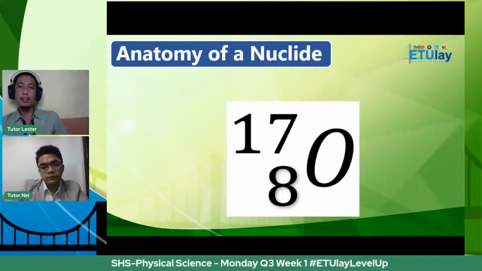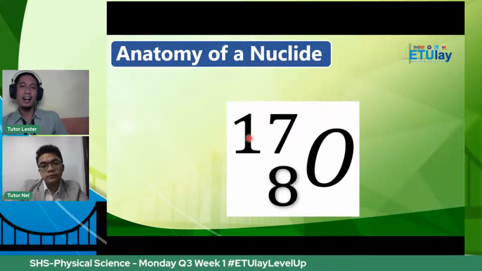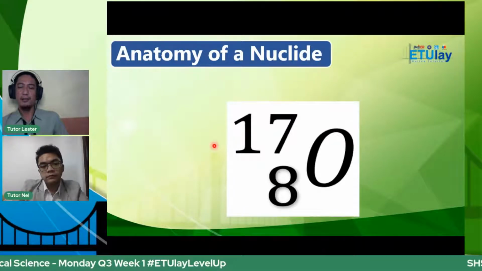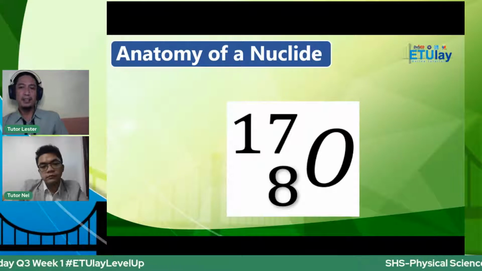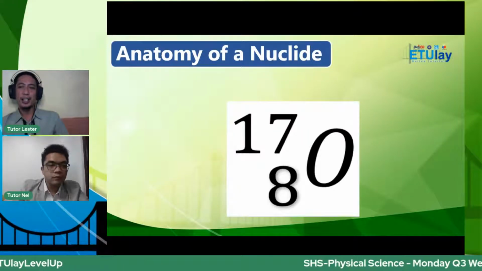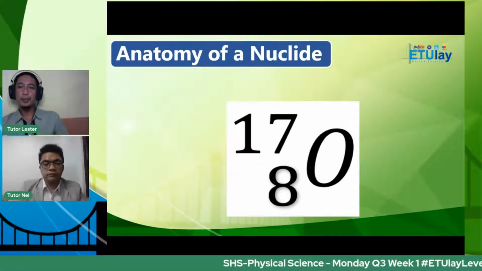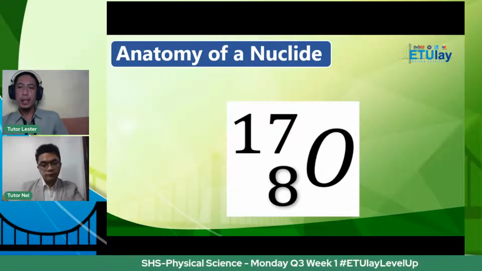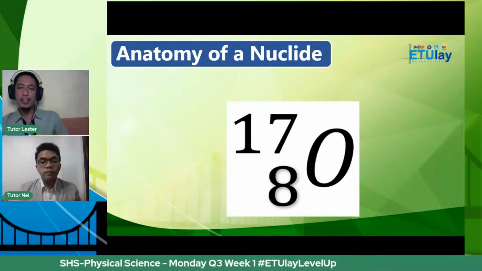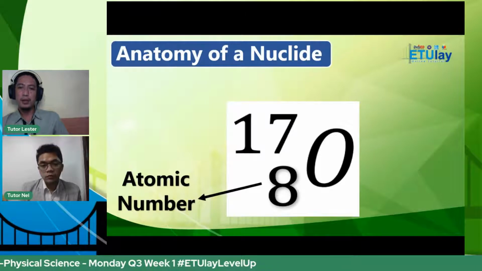Ngayon po, atin pong i-refresh ang ating nalalaman on nuclides. This topic has been discussed in your junior high school. All right. So the number on the lower left is the atomic number of the element.